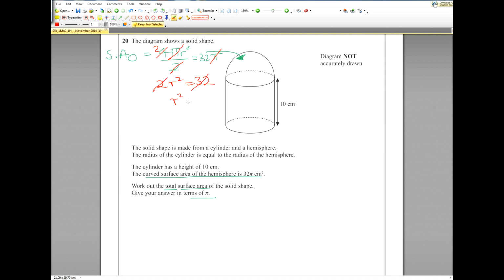So r squared is equal to 16. Now, what's r going to be equal to? 4, because the opposite of squaring is square rooting. So from the information they gave us, we've managed to work out the radius, this length here and this length here. The radius is equal to 4.